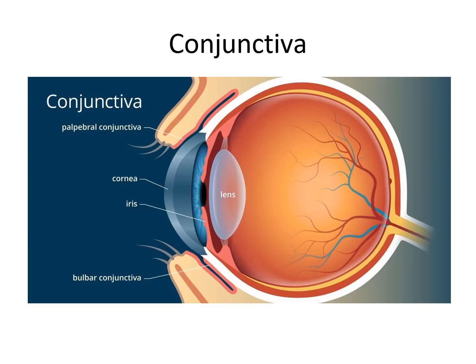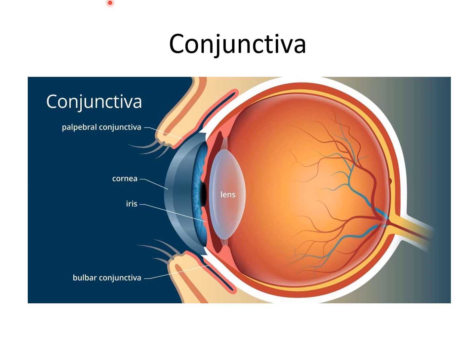There are two types of conjunctiva. These are your palpebral and the bulbar conjunctiva. The bulbar conjunctiva stops at the junction between the sclera and the cornea. It does not cover the whole cornea.